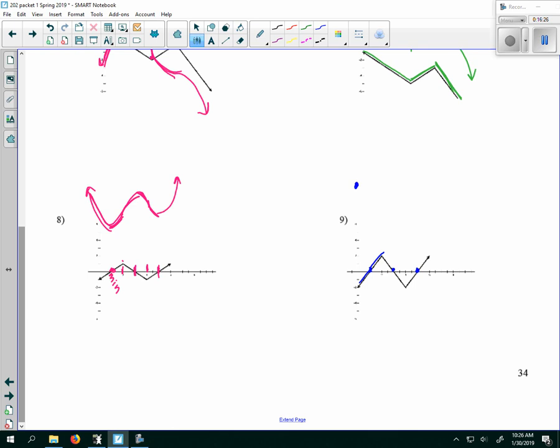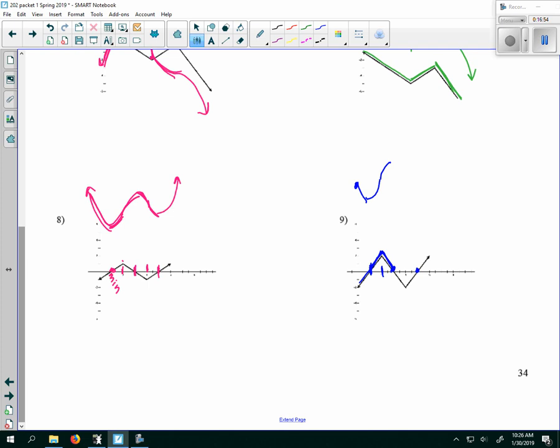So I'm going to start f decreasing till it hits this x value, and then it's increasing until it hits this x value, and it's going to continue increasing because f prime is still above the x-axis, but it goes from increasing to decreasing, which means the concavity changes. So this is increasing still, but the concavity changes to down.